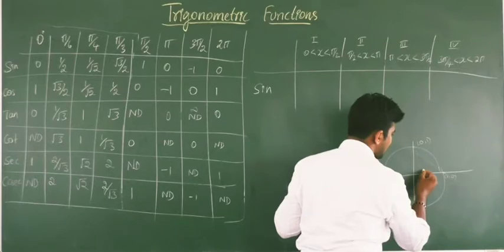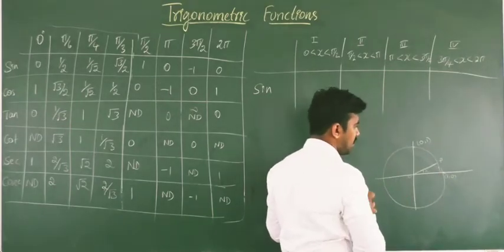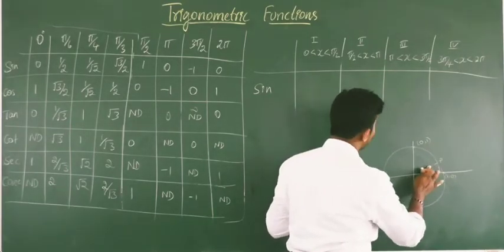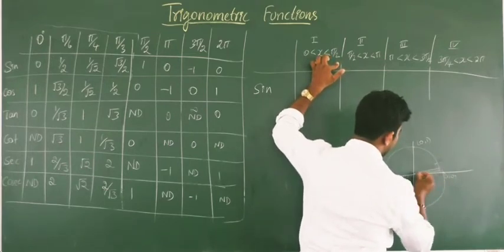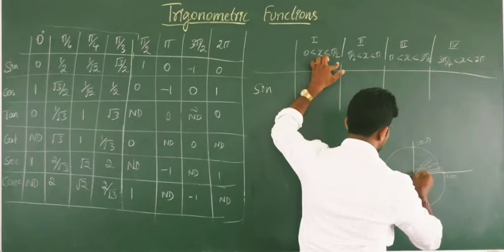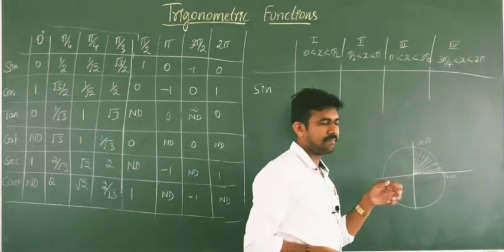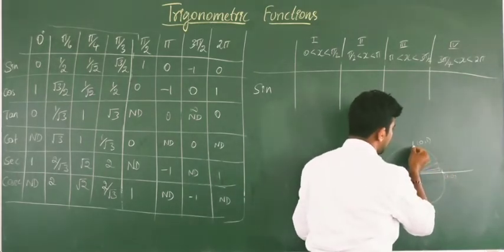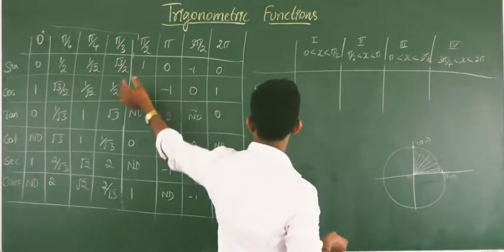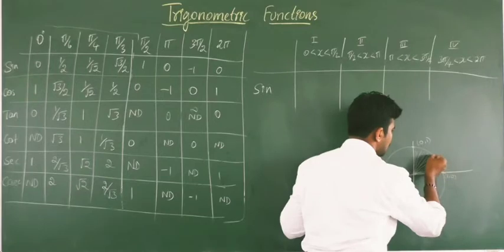If you consider one line segment OP, then it describes the central angle. Now, if we take the central angle from 0 to pi by 2, first we take 0, then we go on increasing the central angle from 0 to pi by 2. Then you can observe how the value of sine increased from 0 to 1.